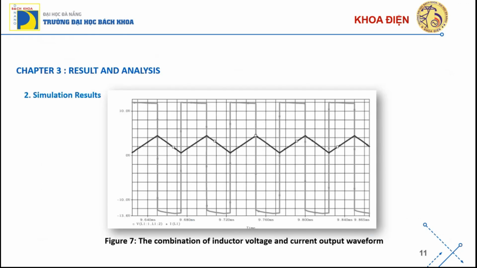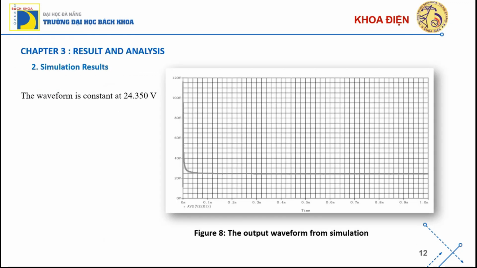In figure 7, we put both current and voltage waveforms together. It shows how switching works. Finally, figure 8 shows the output voltage waveform from simulation. It's about 24.35 volts, a bit higher than the target 24 volts, which is a good result.